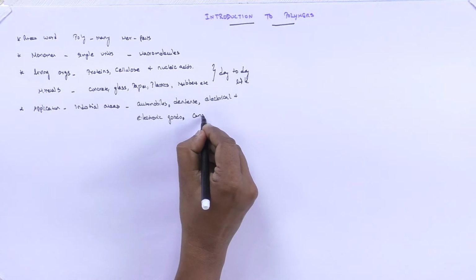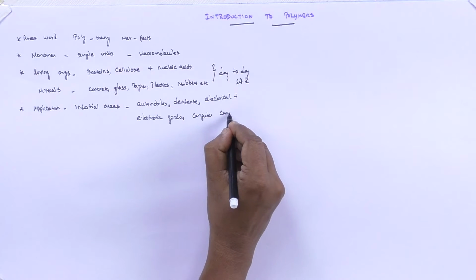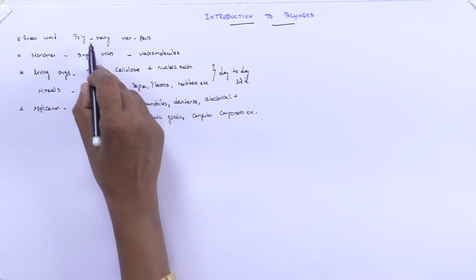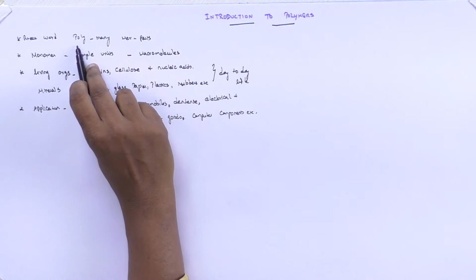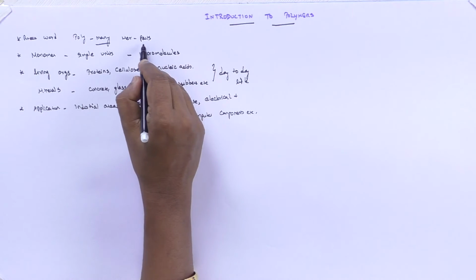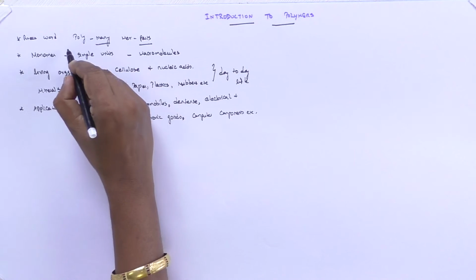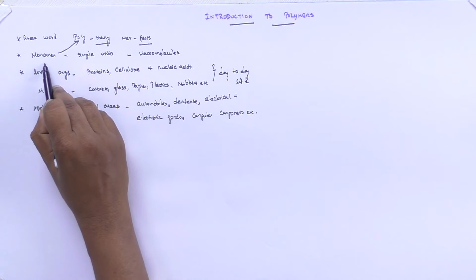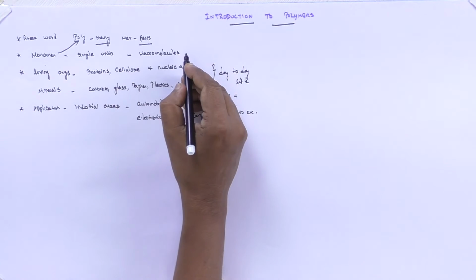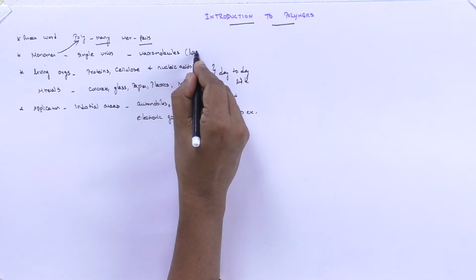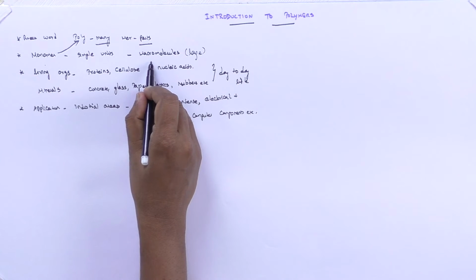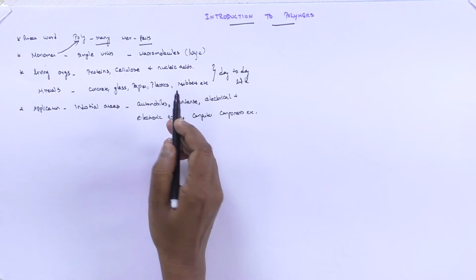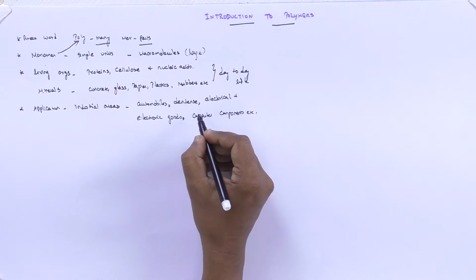Computer components, even all these are made up of polymers. So polymers were named from the Greek word poly, which means many parts, and they are made by simpler units termed as monomers. Polymers are generally macromolecules or large molecules having high molecular weight, and they are found in living organisms, minerals, etc., where we use them in application in day-to-day life.